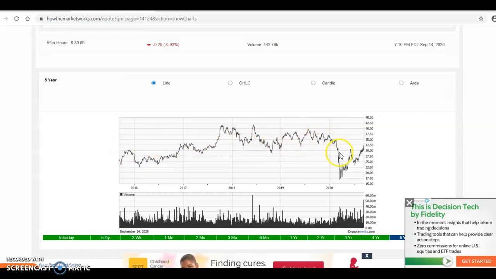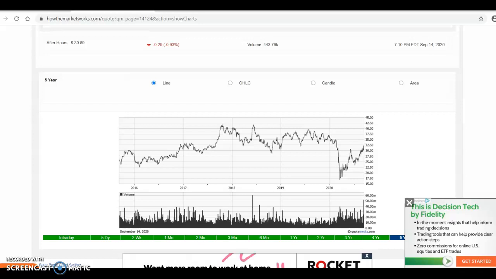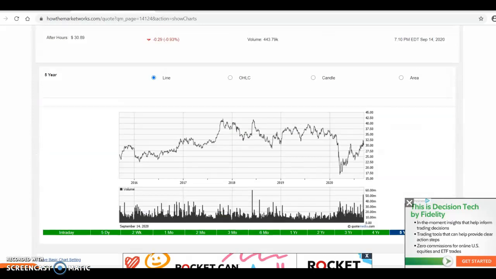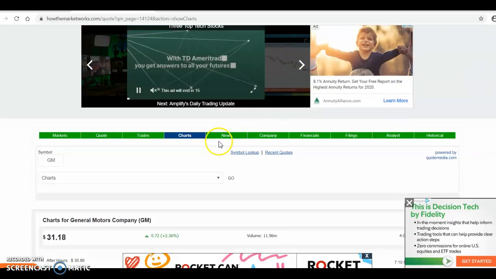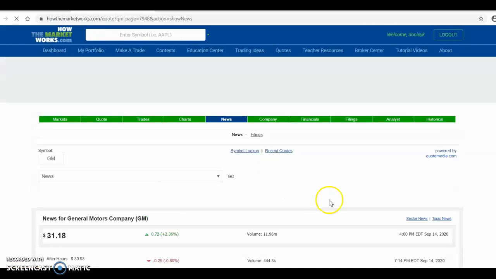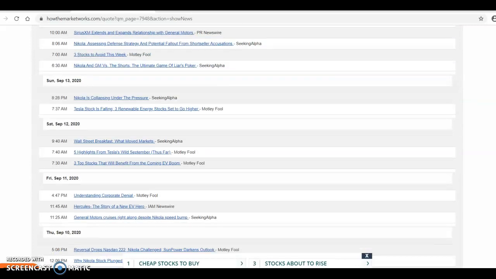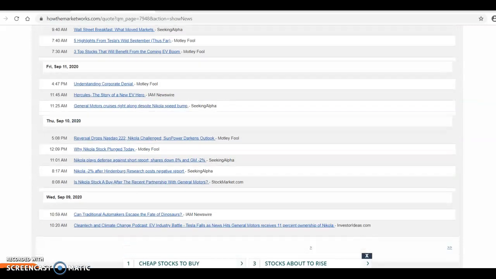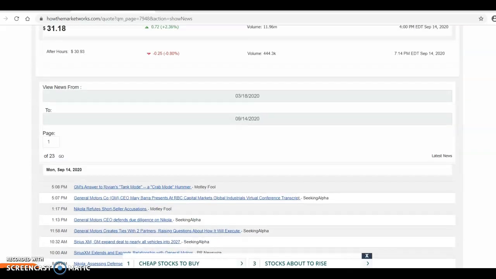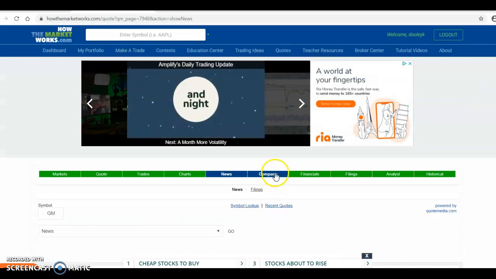The coronavirus has done it a number. So you're going to want to look at the charts for whatever company you choose, along with looking at the news again. This just shows the same news articles that we already looked at before, but I think they go a few days longer.